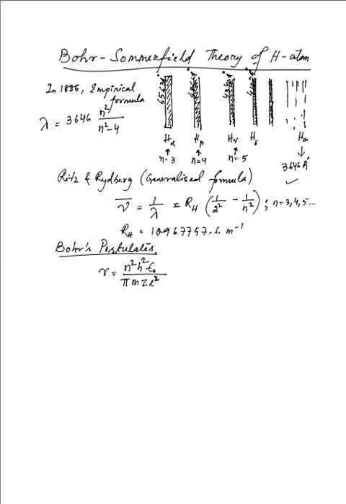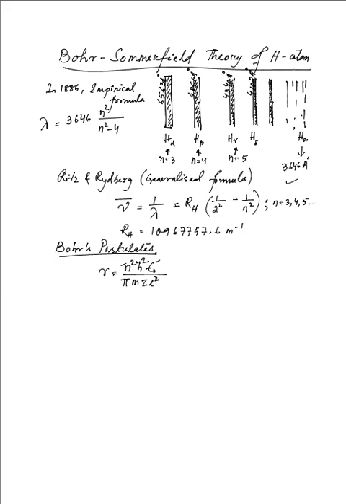Now here all the symbols, as you know, have their own meaning. The n is the quantization, the principal quantum number, h is the Planck's constant, epsilon naught is the permittivity, and pi is just a constant number, 3.14, or 22 by 7.